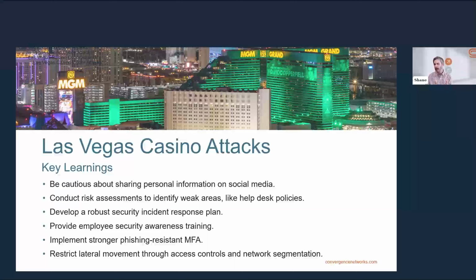So Jeremy mentioned for MGM like a $100 million impact from this breach. Just this week, as a final note around this topic, MGM is settling the multi-class action lawsuit that's associated to this particular incident for a tune of $45 million.